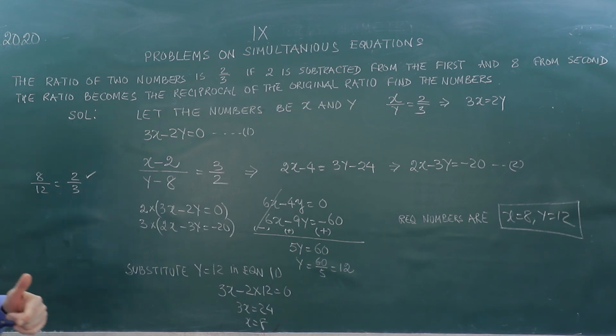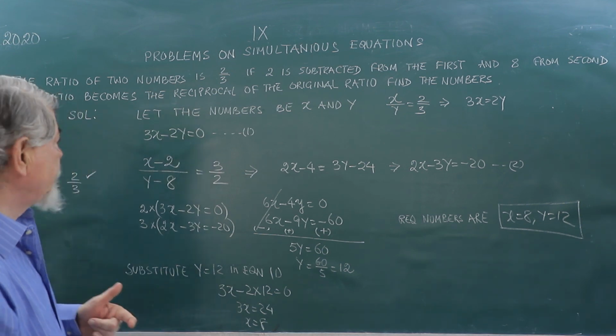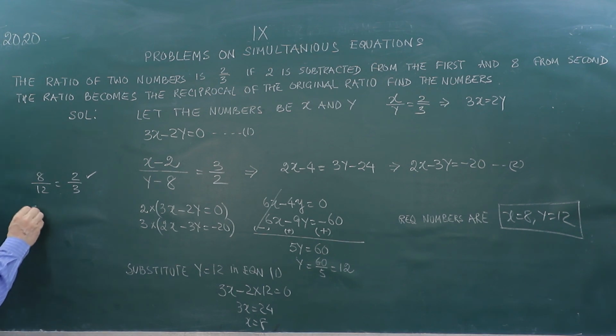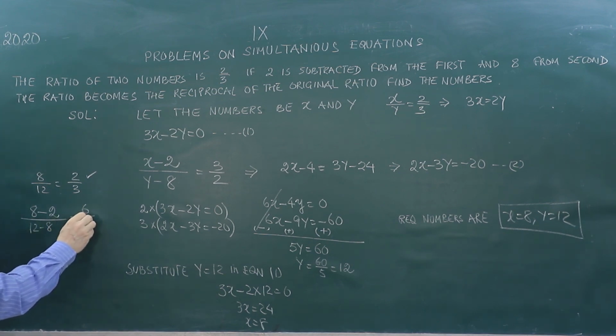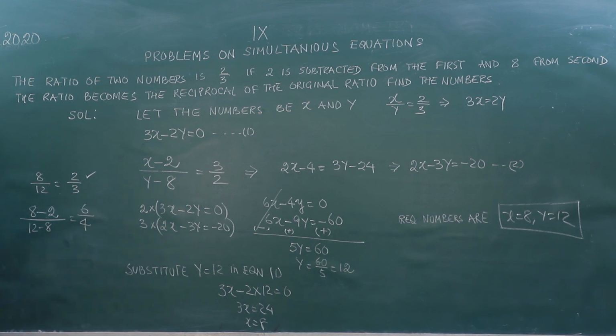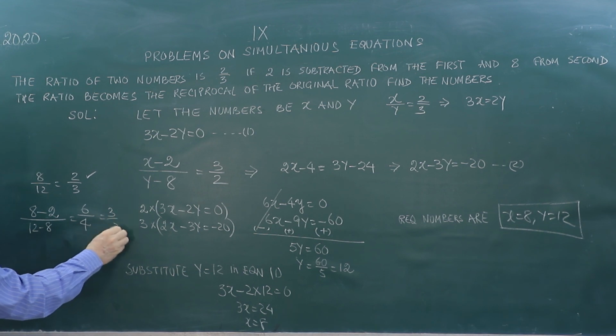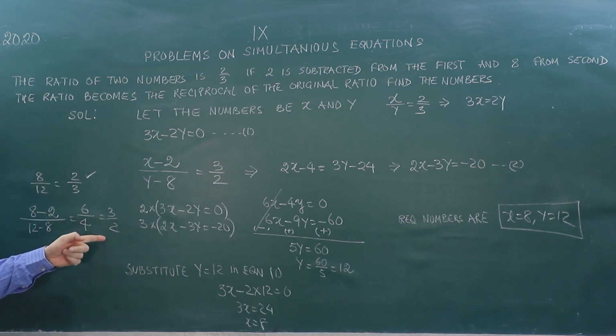Now he said if 2 is subtracted from the first number and 8 from the second number, 8 minus 2 is 6 and 12 minus 8 is 4. And he said the ratio becomes reversed. It was 2 upon 3, and it has become 3 upon 2.